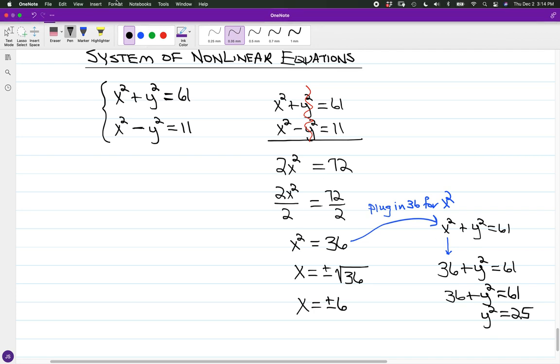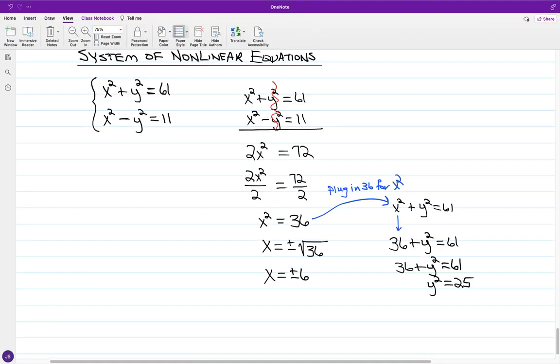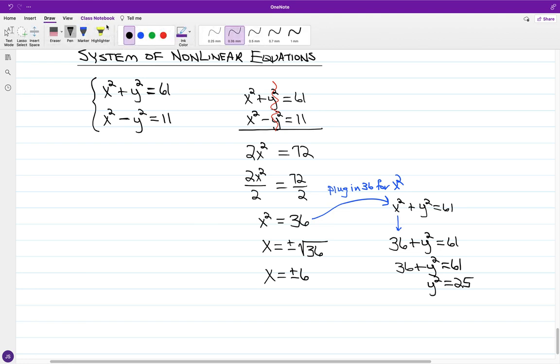And just as I went from x squared to x, I'm going to go from y squared to y, again utilizing the square root property of equality. So we have y equal to plus or minus the square root of 25, and so y is equal to plus or minus 5.